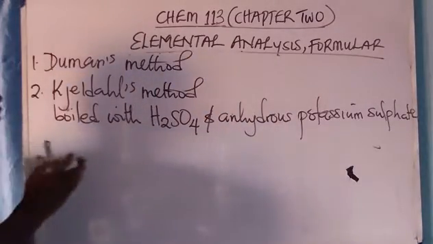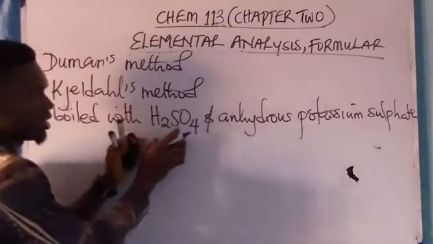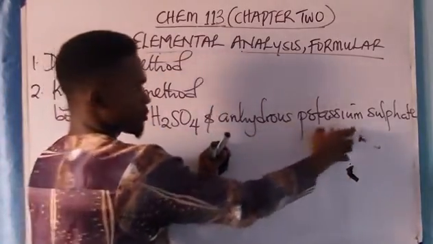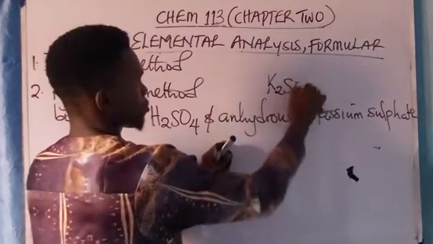A given sample is boiled with H2SO4 and anhydrous potassium sulfate. That is potassium sulfate.